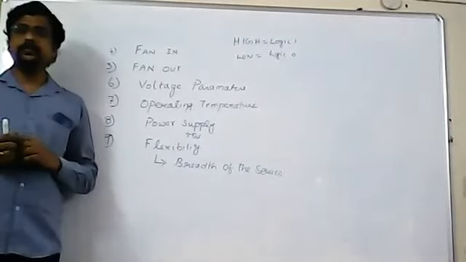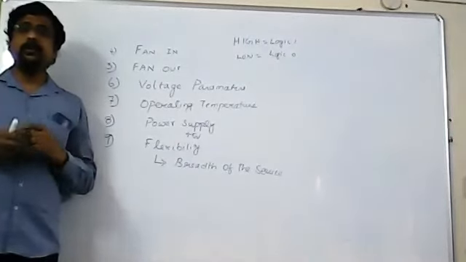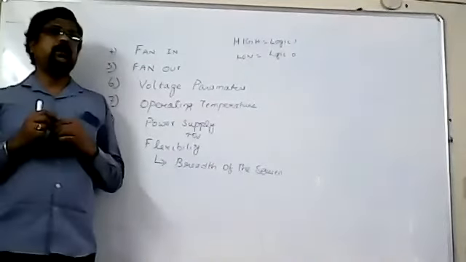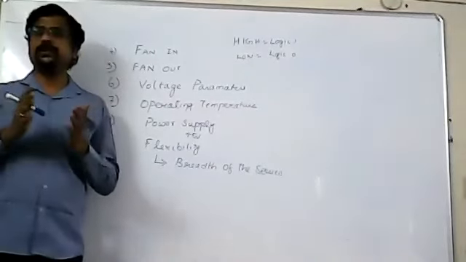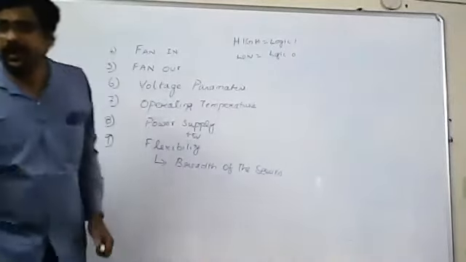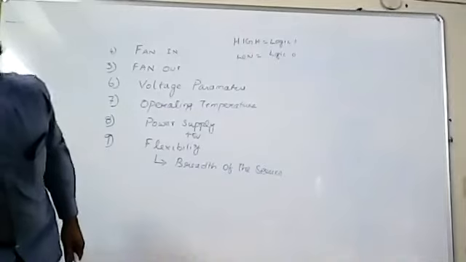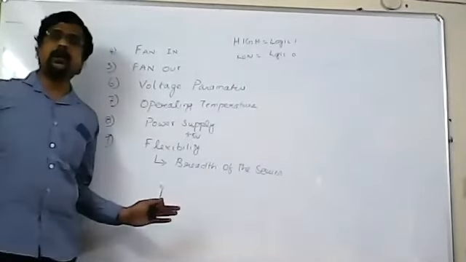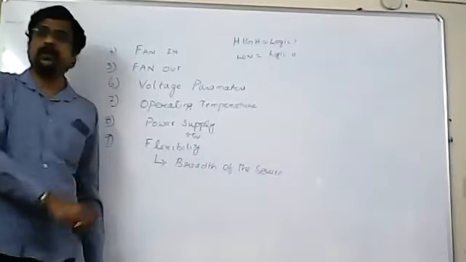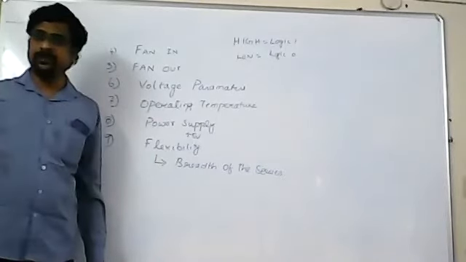Usually, breadth is nothing but how many, simply I can say that how many things you can arrange in a given thing is called as the breadth. So here, breadth of the series means what? How many different logic functions you can design is called as the breadth of the series.